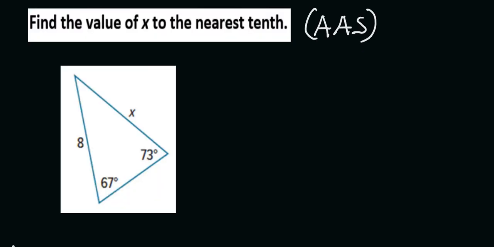All right, so we have another question and we are required to find the value of x. So now you can just label it the way you want, like A, B, and C. And remember, the uppercase letter A, the opposite is this, and this will be the lowercase a.